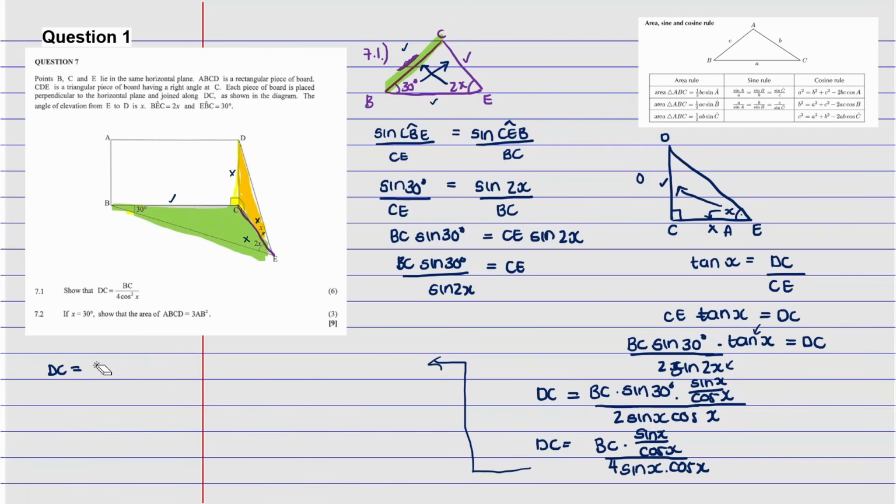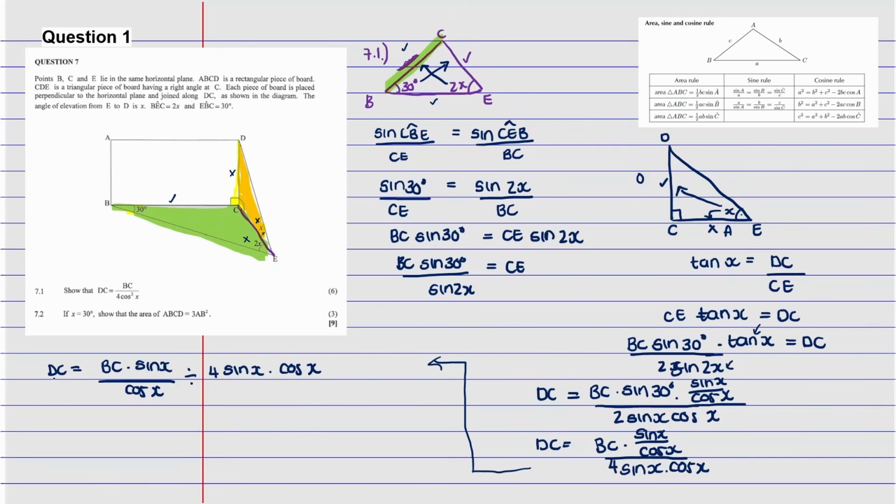And let's just do this actually, not to complicate things. Since this one is the numerator, I'm going to multiply BC with sine x, and this whole thing is going to be divided by cos x. And that is the same as divided by 4 sine x cos x.